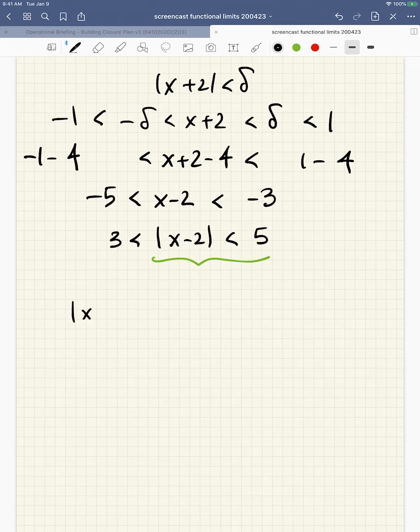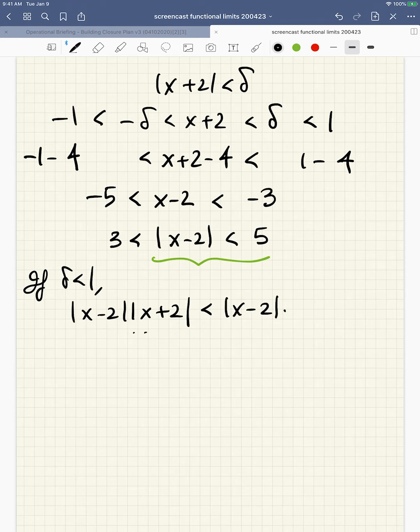So going back to what we had before, if delta is definitely less than 1, then this product of absolute values, on the one hand, I can make this second thing less than delta. But the work I just showed at the top of this page means that the first is less than 5.